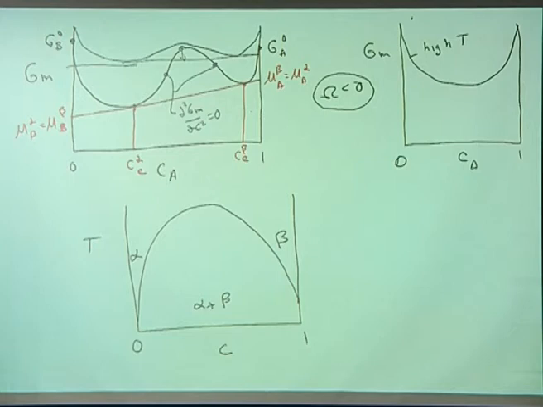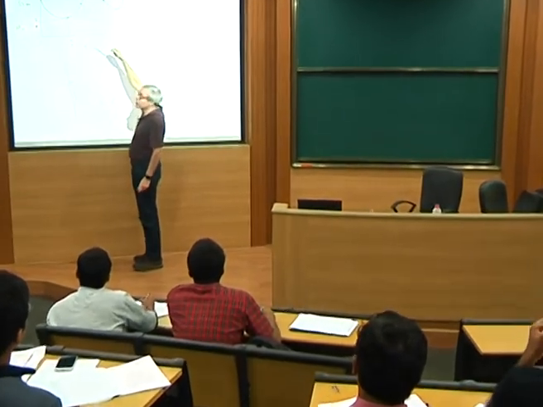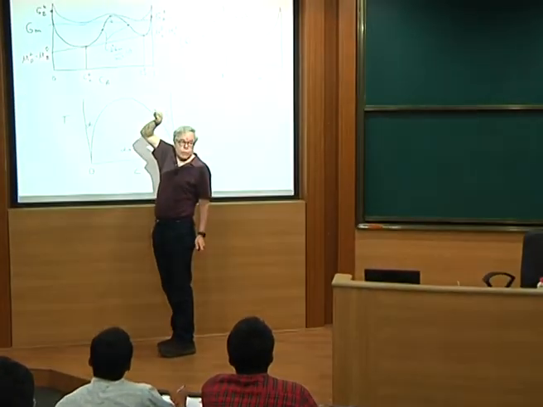Yeah? If the structures are different, then we can't get this continuous curve. Right, exactly. If the structures are different, you don't have this region in here where you have this inverted curvature of the free energy.